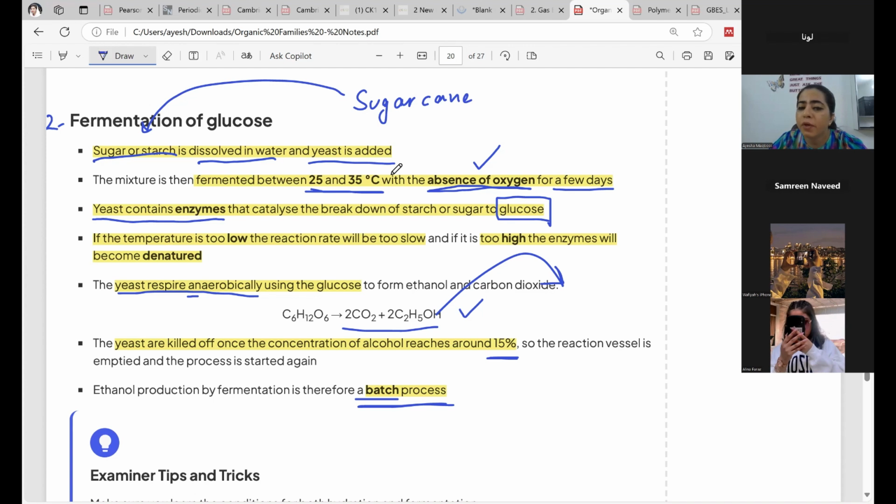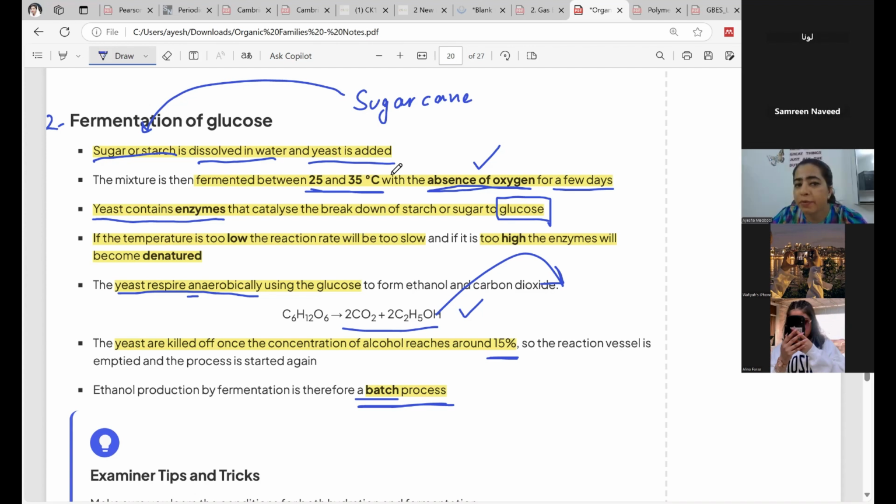More than 35, it will start denaturing the enzyme. So 25 to 35 is the range that we can use in between. Okay. So less than 25 will make it more than a few days. More than 35 means the enzyme will start denaturing. Its reaction will not be as effective as we want.